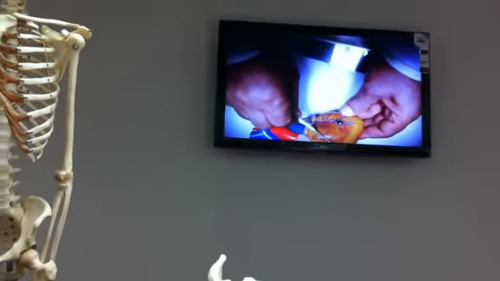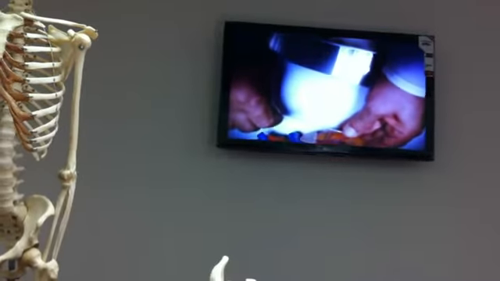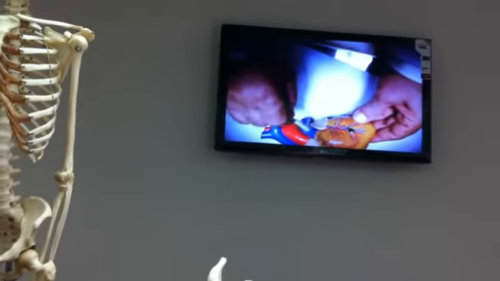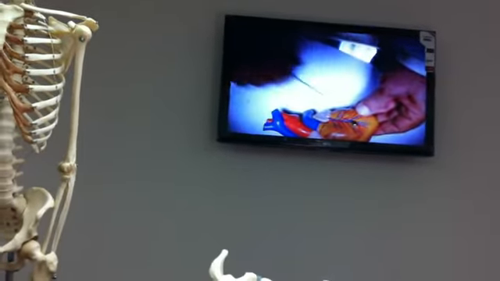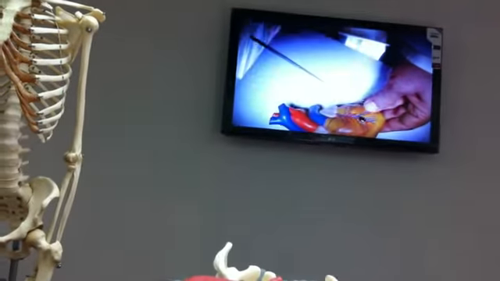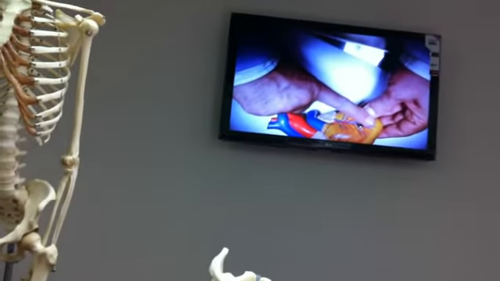This is two-thirds here, and here one third. This distance is about 2 fingers, but this is 1 finger.